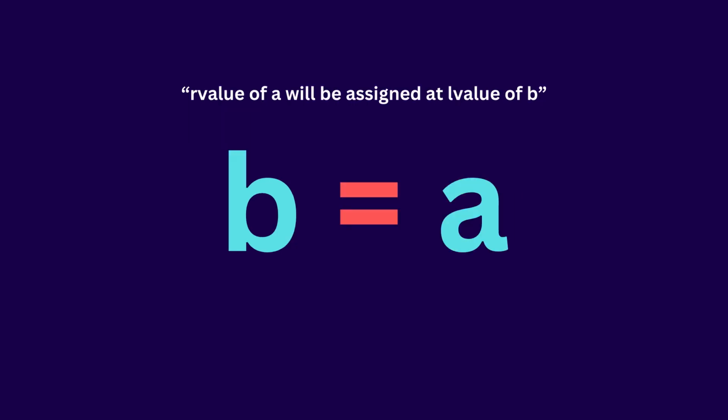We know that B equals A assigns the R value of A, which in this case was 24, not the L value of A or the address of A, which is 200. We want the latter to happen. We want to assign the address of A to the R value of B, the value where the address of B points to.